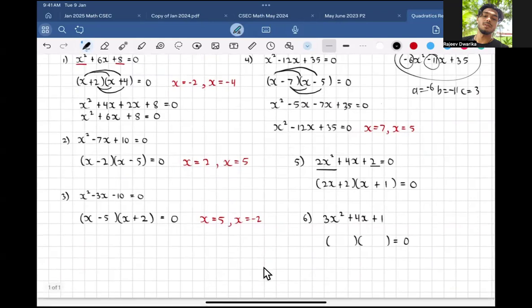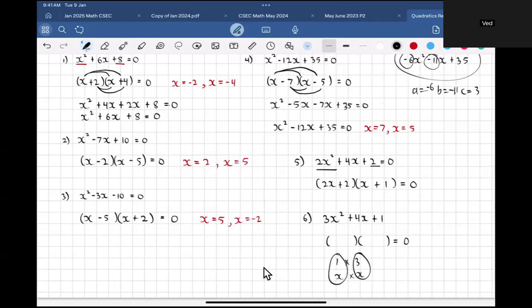What by what? How would you multiply to get 3? What by what is 3? 1 by 3. Okay. How would you multiply to get x squared? X by x. See if you can figure it out there.